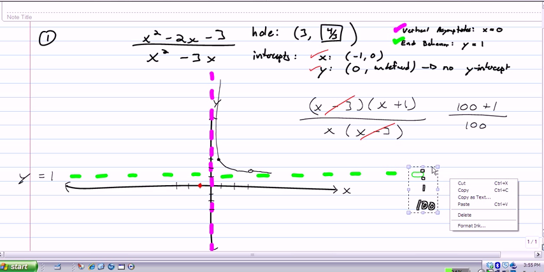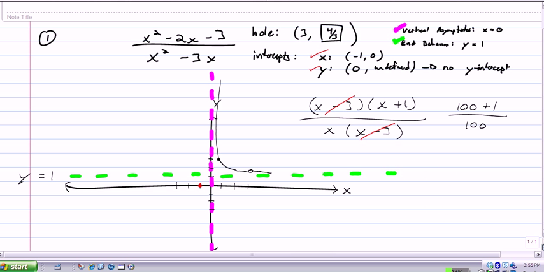Okay, so the bigger x is, you'll notice the top of this fraction is always going to be bigger than the bottom, and that fraction will get closer to 1 from the top side. So we got the right hand side of the graph. Now the left hand side, we have our x-intercept right here, so we know the curve passes through there.